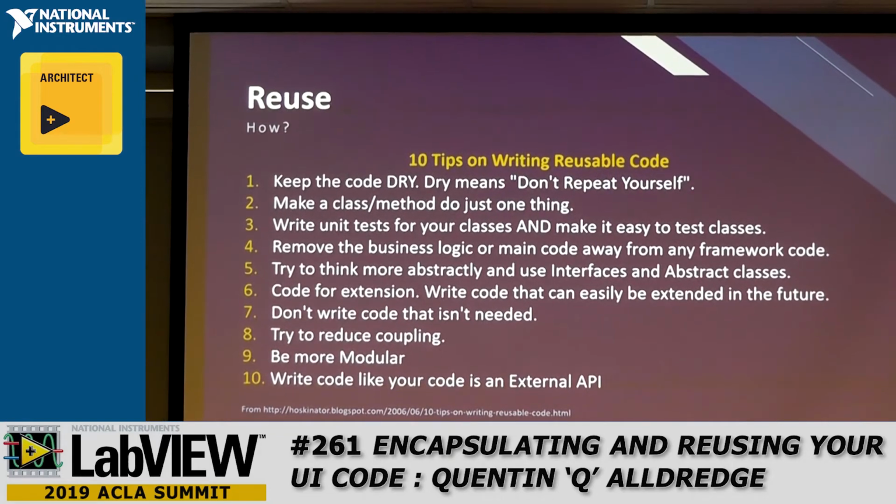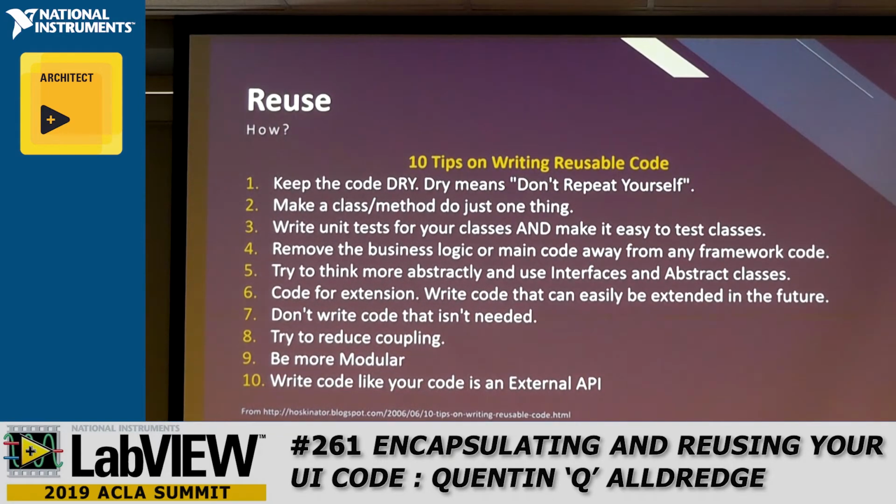Make the class method do just one thing. That's the separation of concerns principle you always hear about. Try to reduce coupling, be modular. Write your code like your code is an external API, meaning every piece you want to basically have be its own self-contained unit and then have an API to access it.